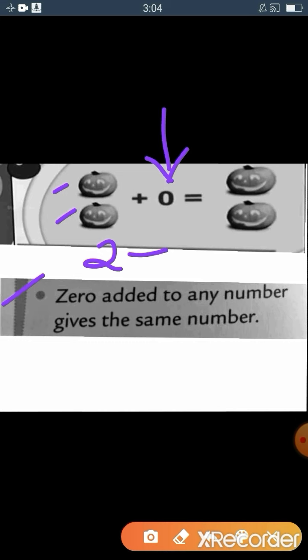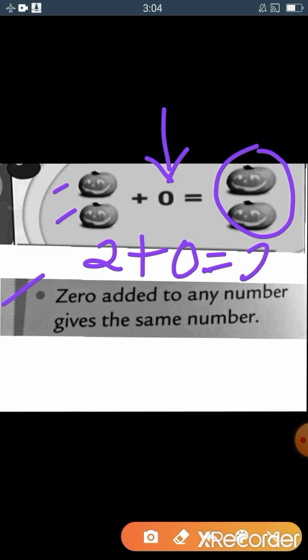So 2 plus 0 is equal to, just count, how many, children? Yes, it is 2. So the property is, when we add 0 to a number, we get the same number.